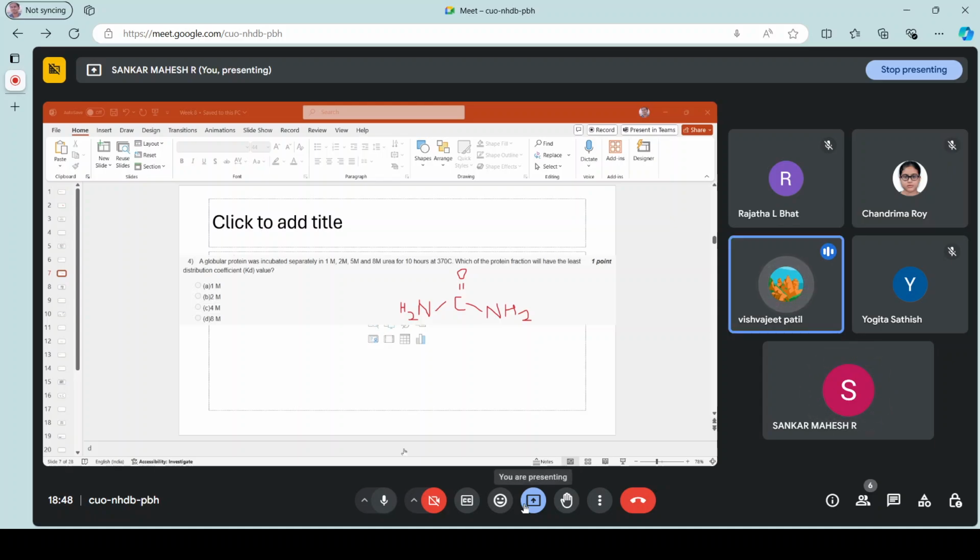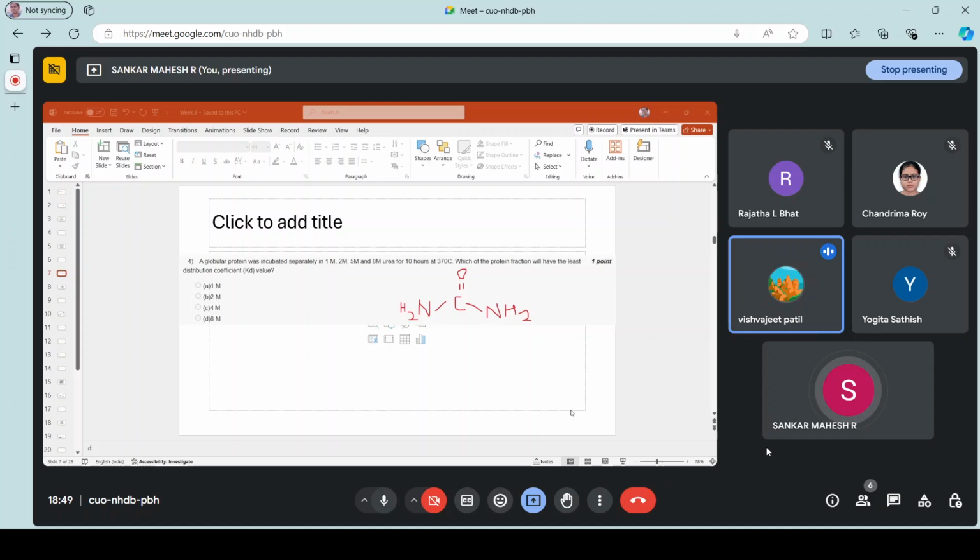So, sir, what will urea do to globular proteins? It will separate the secondary, no, not secondary. It will divide into various structures.